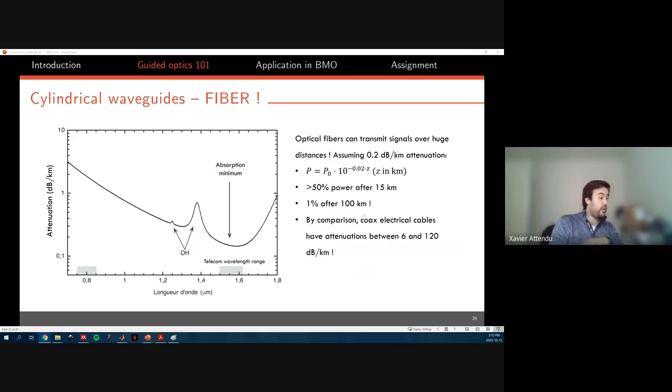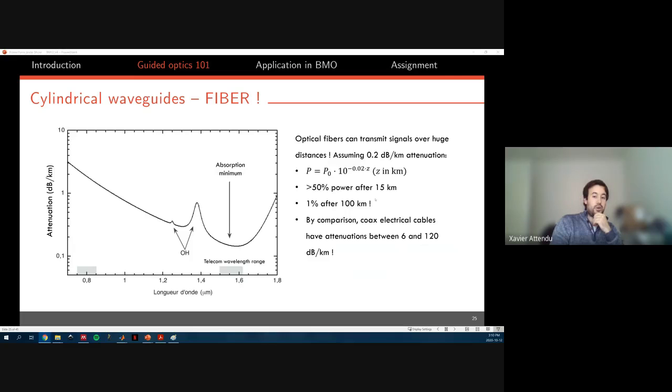So at the bottom of the Atlantic Ocean right now, you have these huge fiber cables, and about every 70 kilometers, there's an amplification system that re-amplifies the signal so that it can be transmitted another 70 kilometers. But you have to imagine that if you tried to transfer signals with electrical cables, you have 6 dB, it's significant.